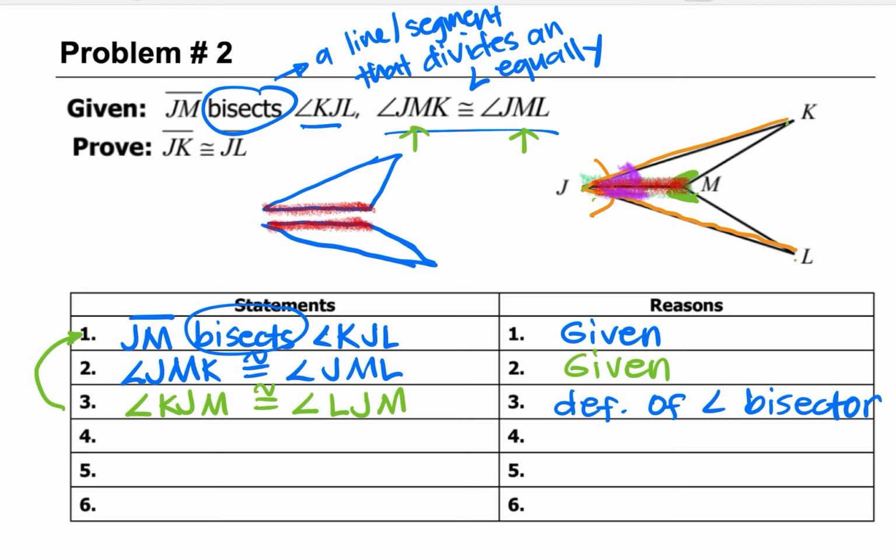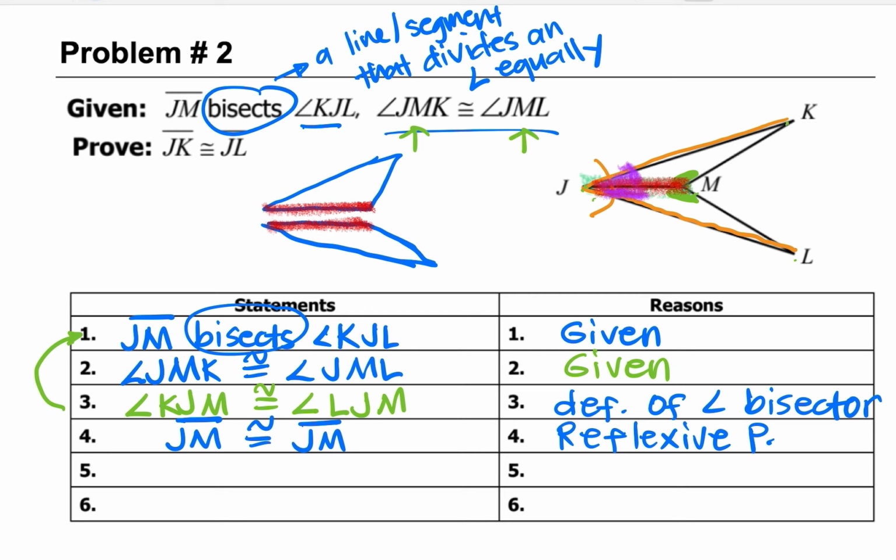So it is exactly the same. So we can create that as our fourth statement: segment JM is congruent to segment JM, to itself. And if we see something like this, that is the reflexive property.